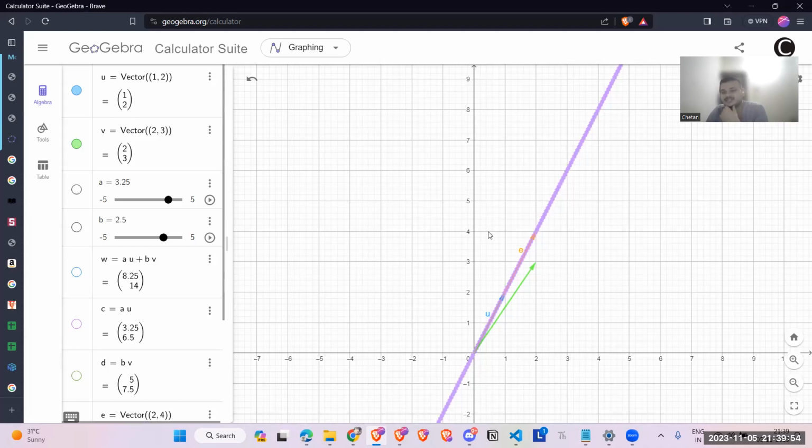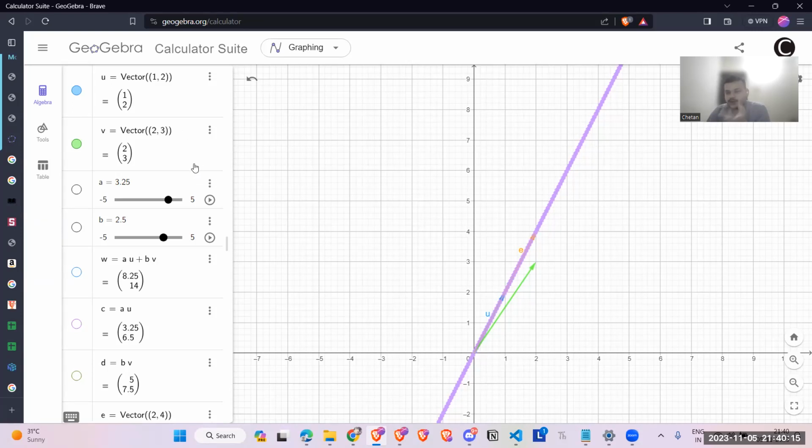Such vectors are called linearly dependent vectors. When you have a vector lying on the span of another vector, that vector is linearly dependent on the other vector.